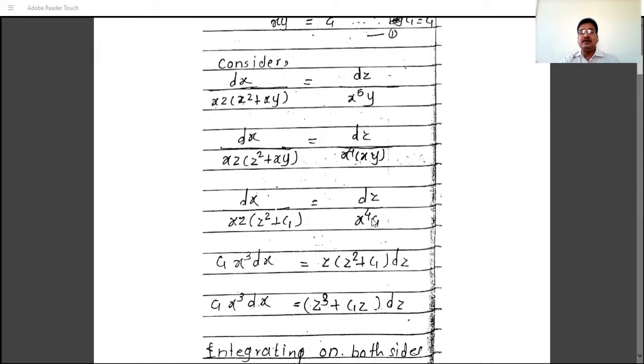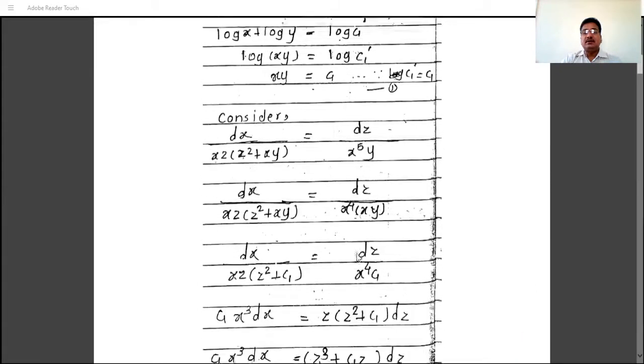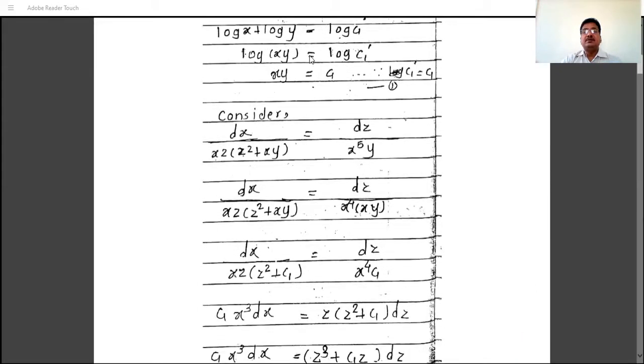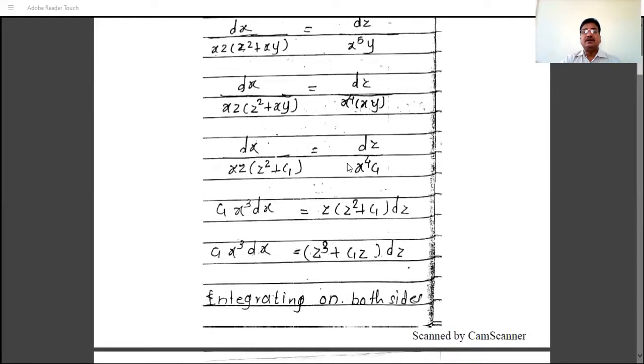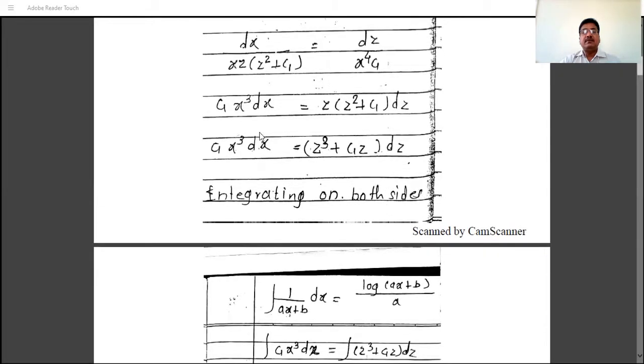So dx and dz. So there are only two variables x and z in this differential equation. So cancel the third variable y by using the first solution. That is, substitute x into y as c1, and then separate the variables and integrate. So this is in variable separable form.